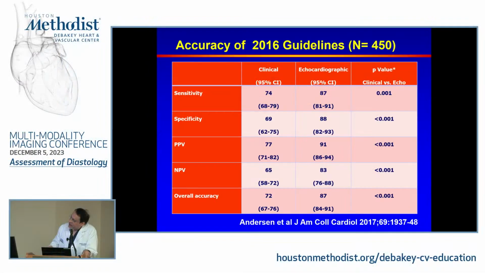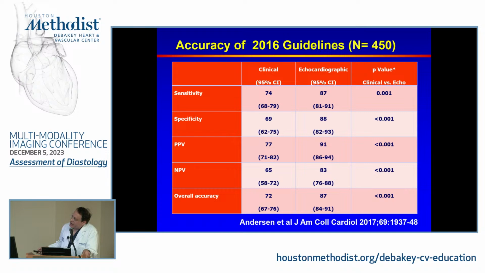To give you an idea for how these echocardiographic approaches compare to clinical assessment, this was a multi-center study of 50 patients comparing clinical and echocardiographic assessment of filling pressures. The clinicians relied on the clinical exam findings that are usually specific but not sensitive, the chest X-ray findings, as well as natriuretic peptides.